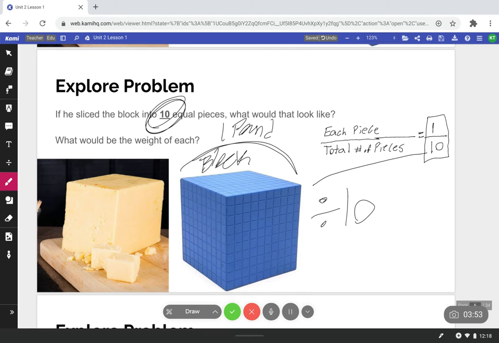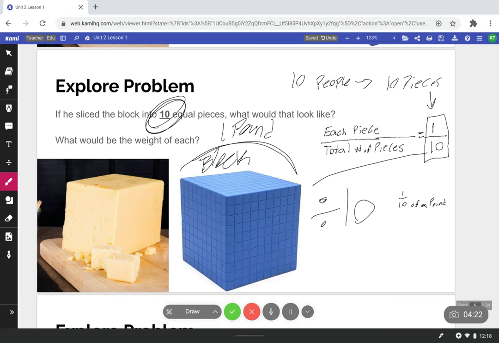If there are 10 equal pieces and 10 people. So 10 people, 10 pieces. This is what each piece will look like. This is what each person will get, 1/10 of the pound. So 1/10 of a pound.